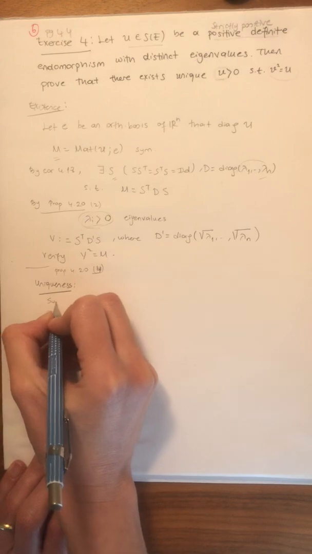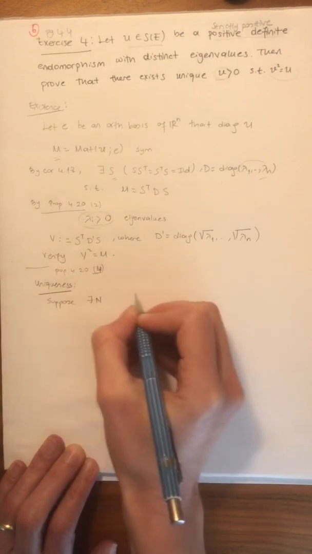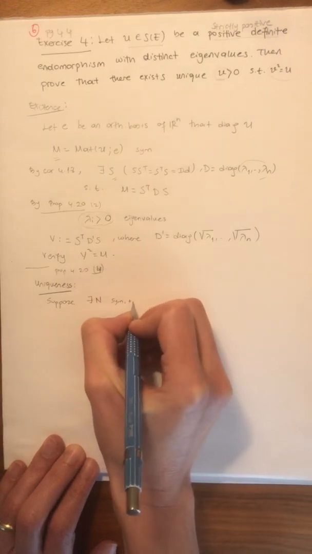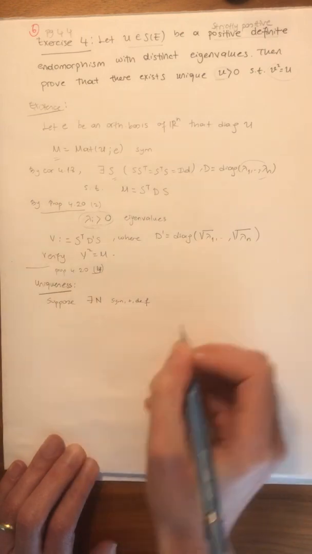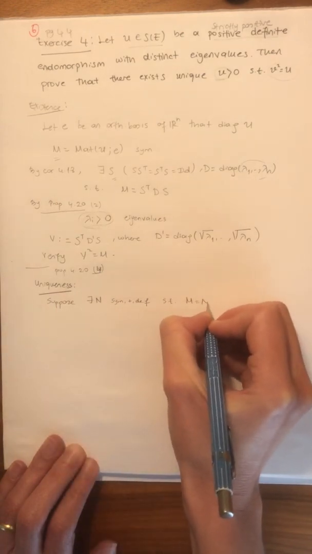So for this purpose, we suppose that there exists another positive definite symmetric matrix N whose square is equal to M.